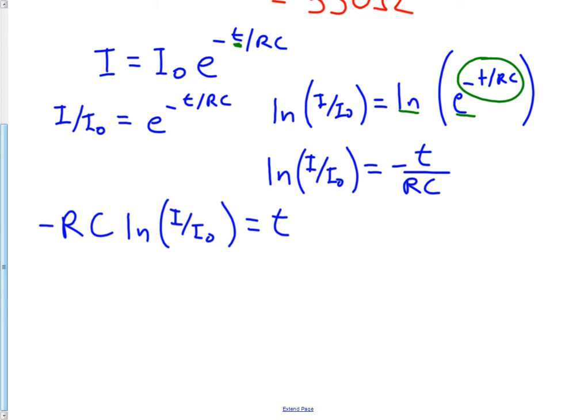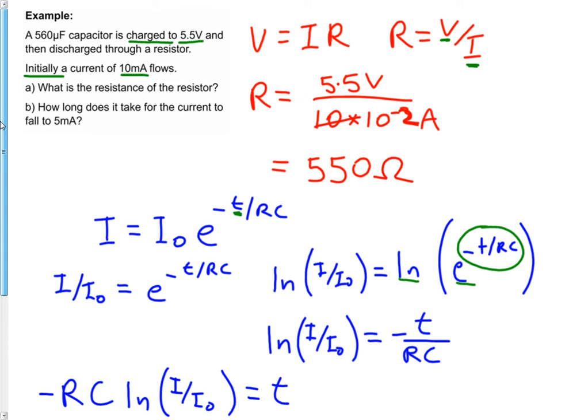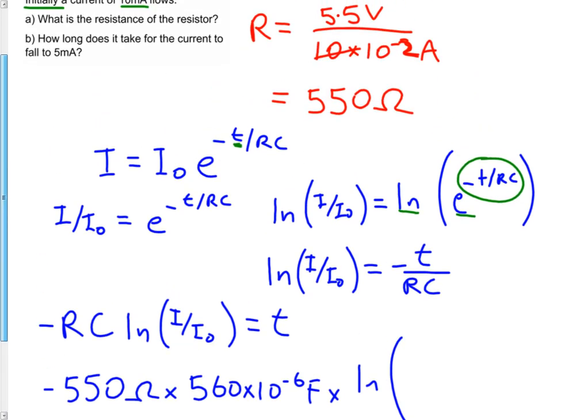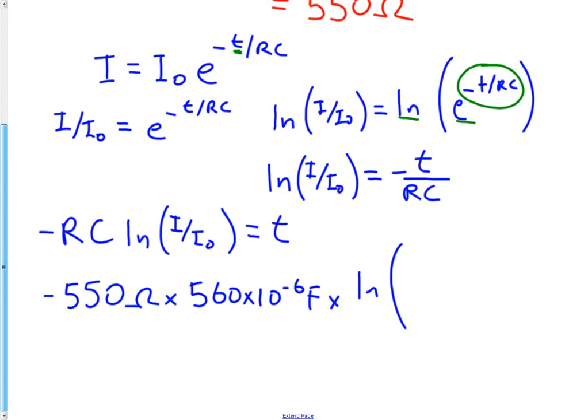So R, I believe, was 550 ohms times capacitance, totally forgotten what that was, 560 microfarads, 560 times 10 to the minus 6 farads, times ln of the current we're interested in, which is 5 milliamps, and the initial current was 10.